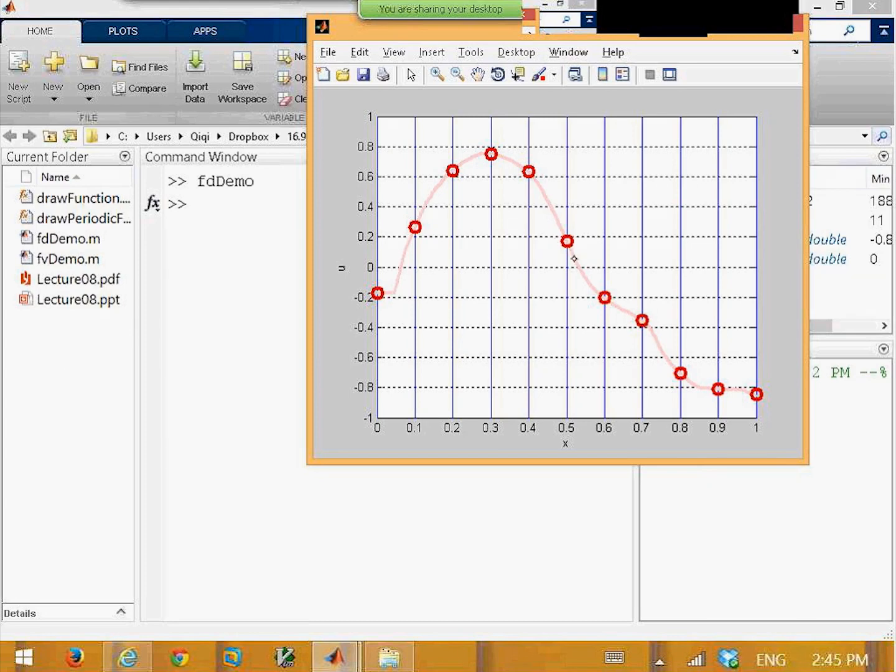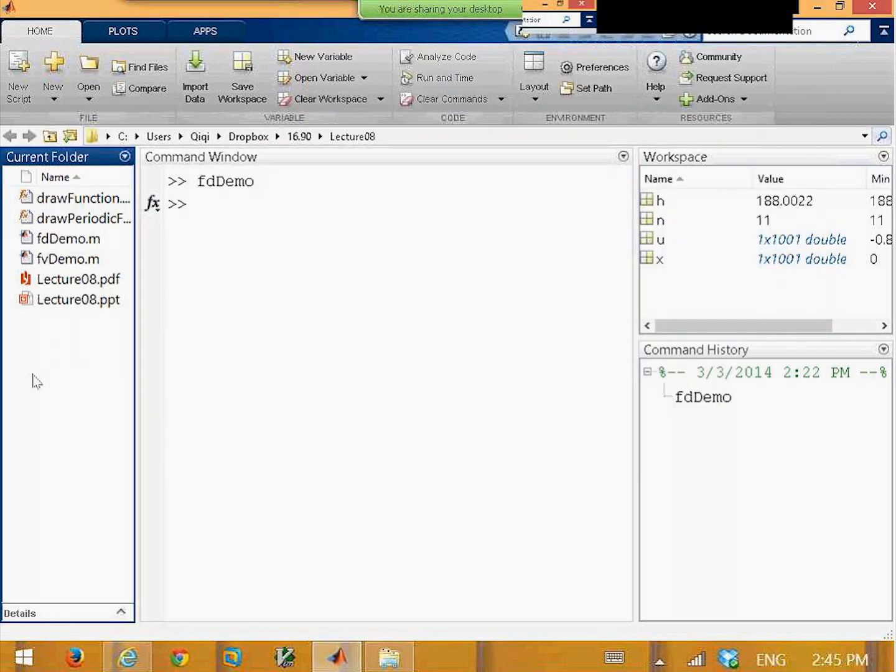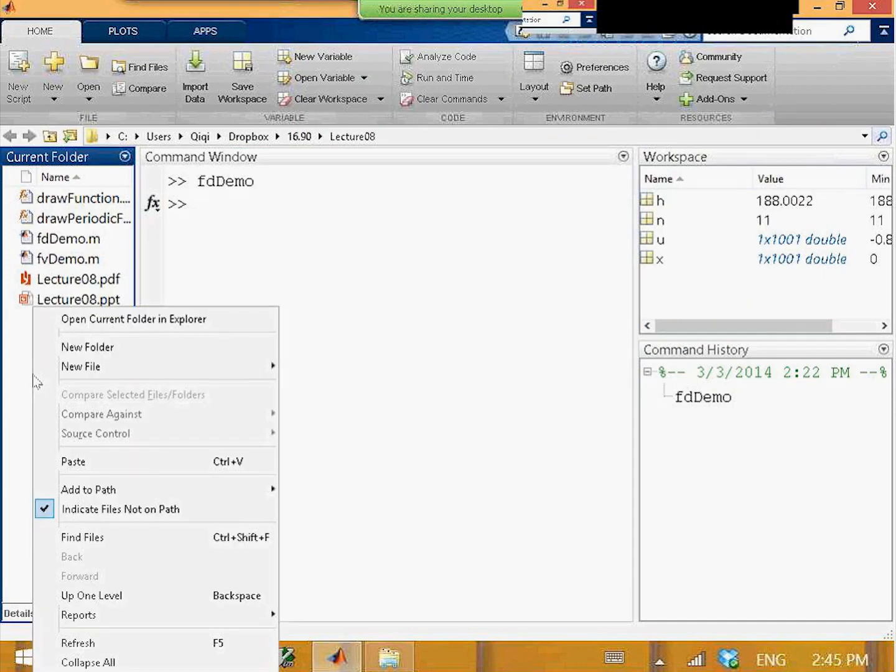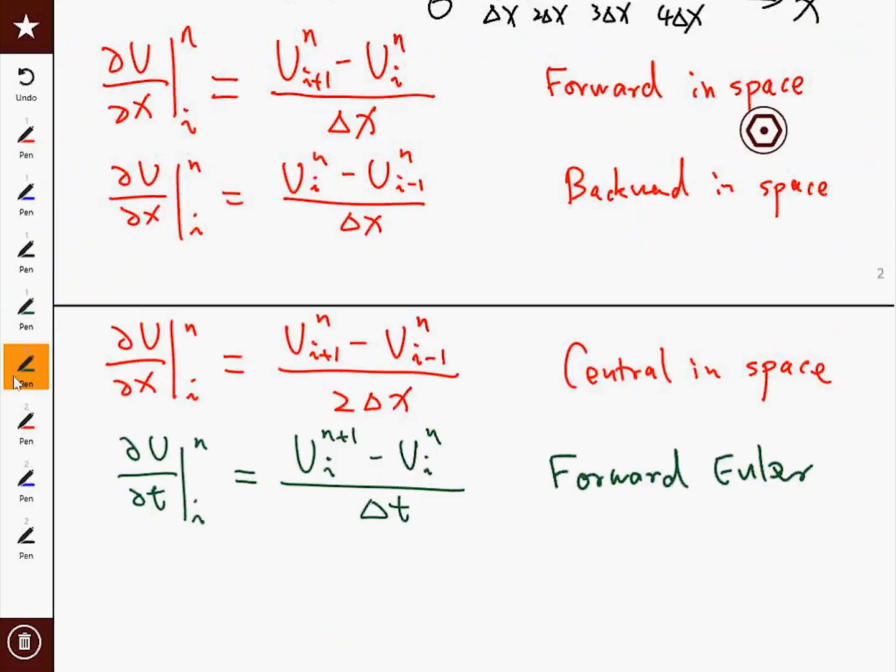So the red circles are what it stores. What is in the middle is just forgotten by the computer. All the derivatives have to be approximated by these discrete points. This now seems natural to you for sure, but as we go to finite volume, we are going to see how different discretization schemes discretize a function.